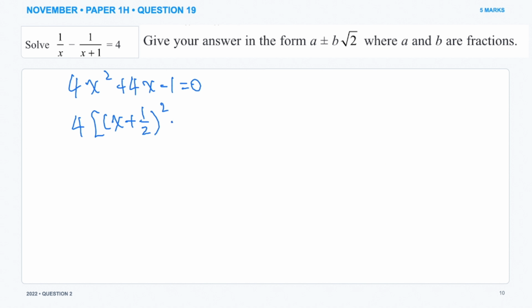And then after that, we're going to do minus 1/2 squared minus 1 equals 0. So this will be our completing the square formula.